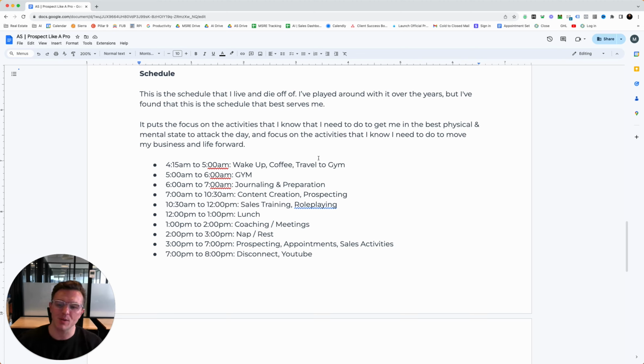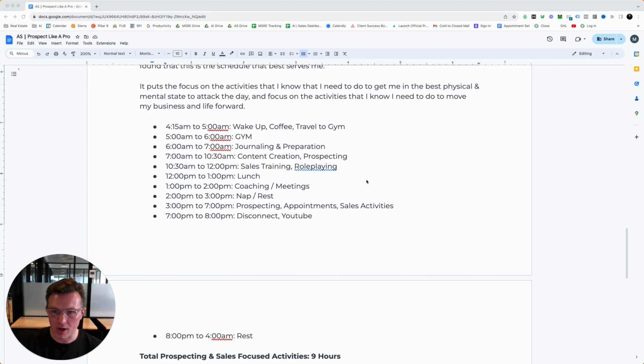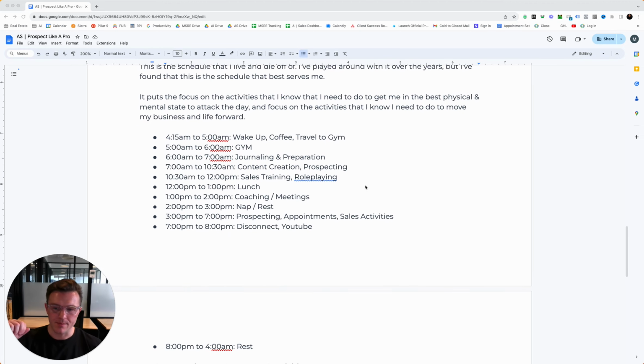Even if I wake up in the worst possible mood, it puts me in such a good headspace because of the endorphin rush, and it really sets the pace for the rest of the day. You start off with a quick win. And when you start the day with a quick win, it sets the pace for the rest of the day, and you can continue that momentum throughout a lot of your income producing activities.